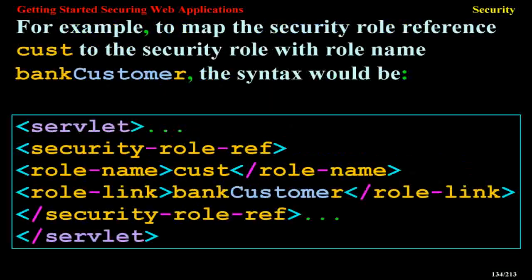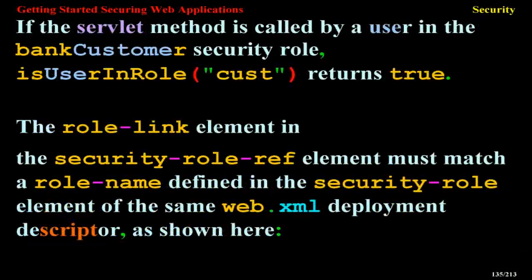For example, to map the security role reference cust to the security role with role name bankCustomer, the syntax would be: <servlet><security-role-ref><role-name>cust</role-name><role-link>bankCustomer</role-link></security-role-ref></servlet>. If the servlet method is called by a user in the bankCustomer security role, isUserInRole("cust") returns true.